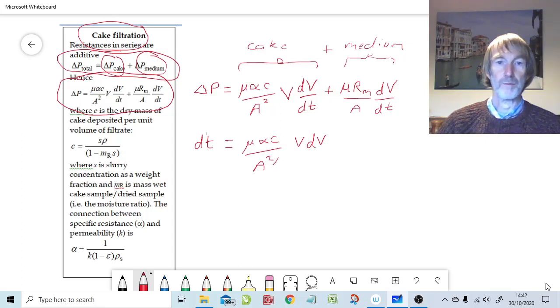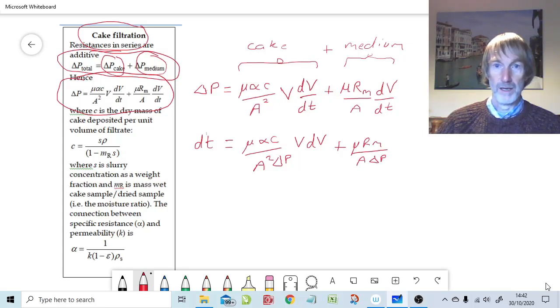Let's bring delta P over to the right hand side, and we need to do that for both the cake and the filter medium. But don't forget, the delta P we're talking about is the total pressure drop. So in our rearrangement of the algebra, we've got total pressure drop in here.